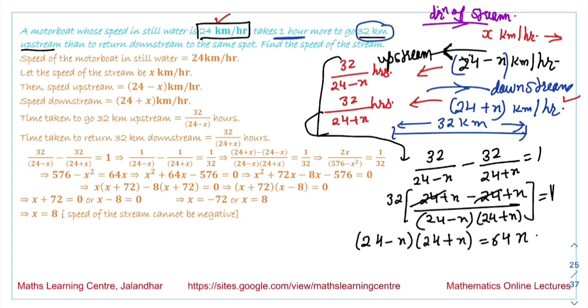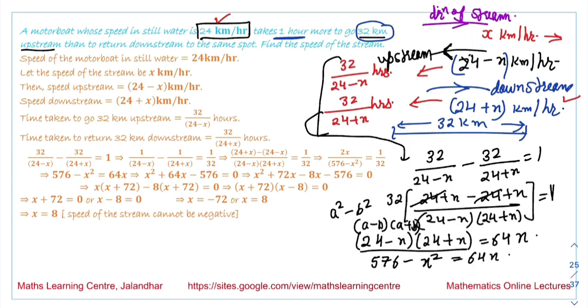is equal to 64x. On solving this term, this is (a minus b) into (a plus b), and the formula is a square minus b square. We get 24 square, it is 576 minus x square, that is equal to 64x.